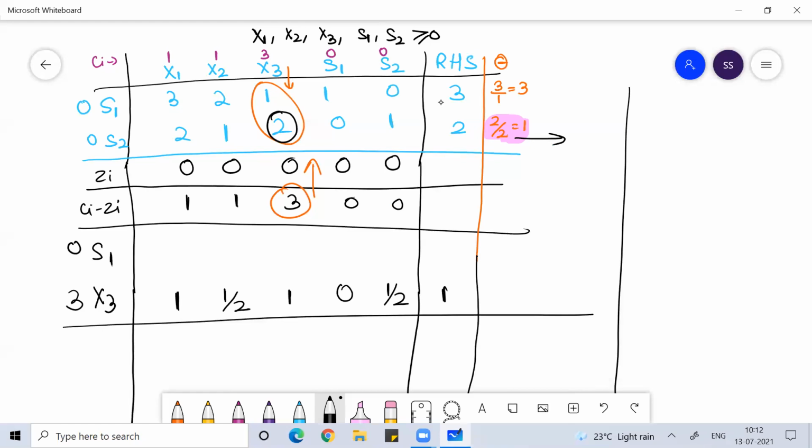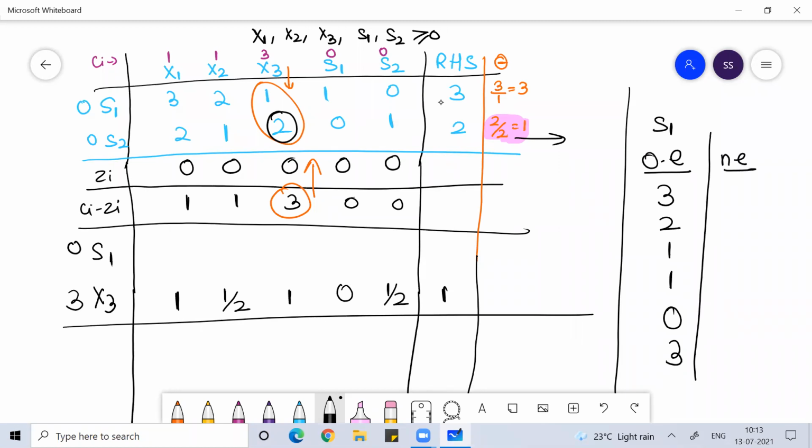Now I have to find the values of S1. So see the old elements of S1. That was 3, 2, 1, 1, 0, 3. Those were the old values, right? Now these values are to be replaced using the new element.